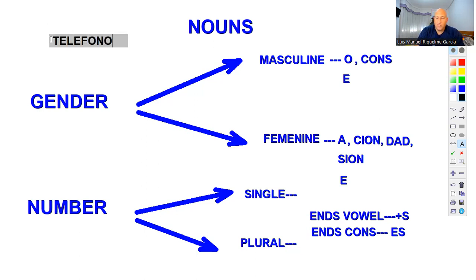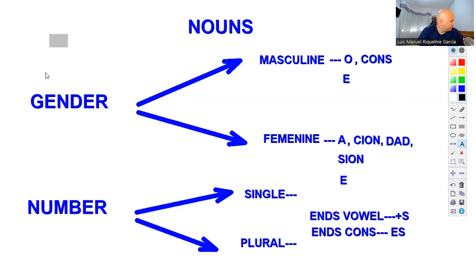Would that be masculine or feminine? That is masculine, isn't it? Because it ends with an O. And that's a single word. That's one phone. How would I make it plural? S or ES? Well, it ends with an O. That's a vowel. So I only need to add an S. Teléfonos.